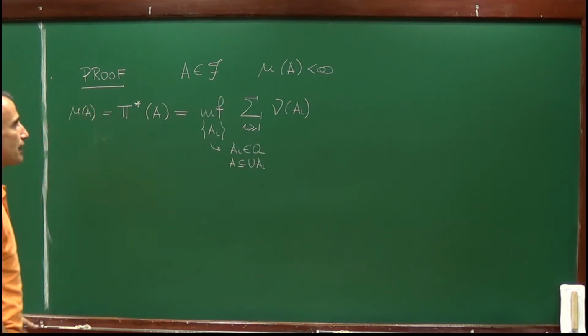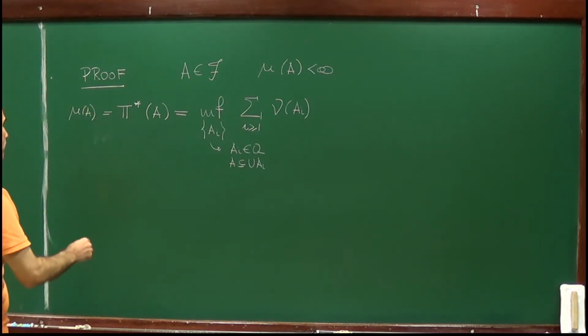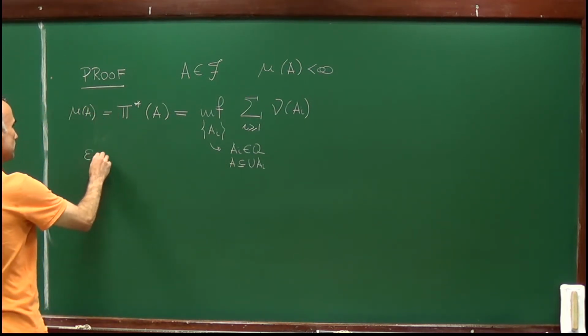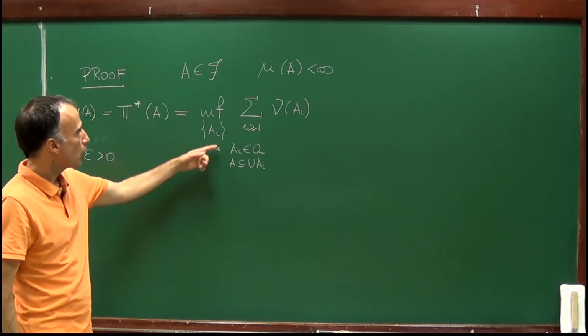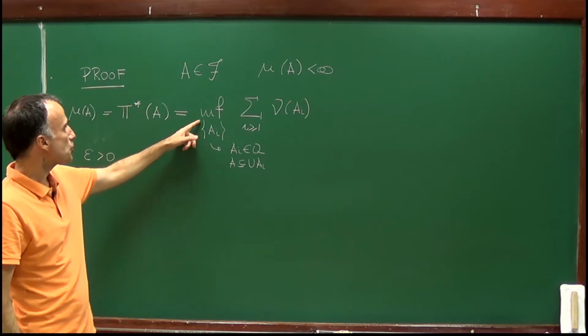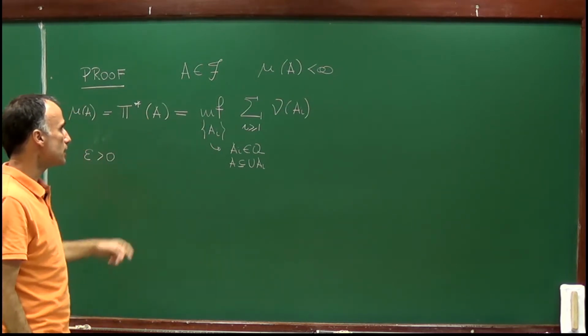So since it's finite, for a given epsilon we can always find a covering which almost reaches the infimum.